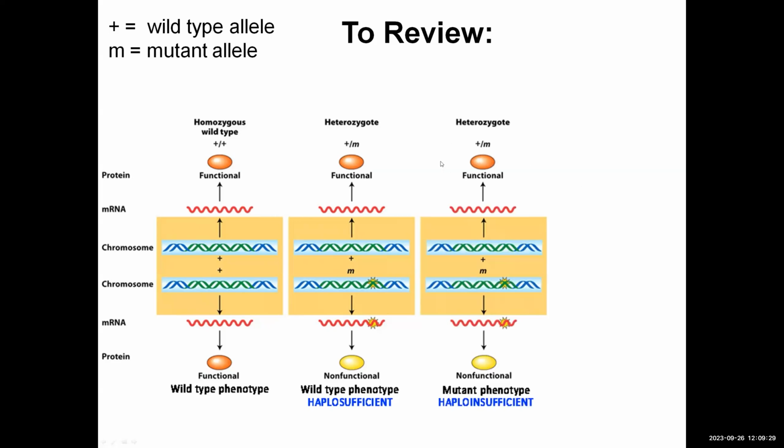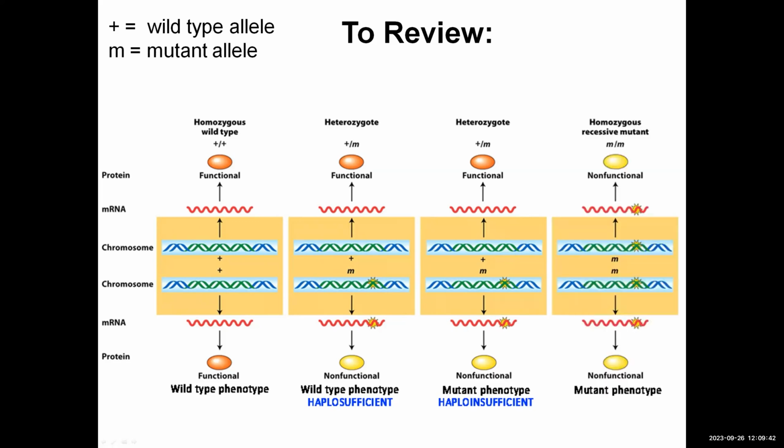If having only one functional copy leads to the mutant phenotype, then this is haploinsufficient. One copy is not enough. And having two non-functional copies will confer a mutant phenotype as well. You should understand haploinsufficient and haplosufficient and how that can lead to what phenotype you see. In this situation, we would say that the mutation is recessive. In this situation, we would say that the mutation is dominant.